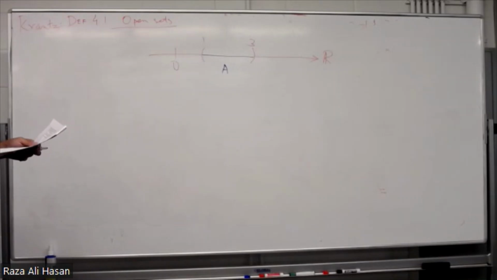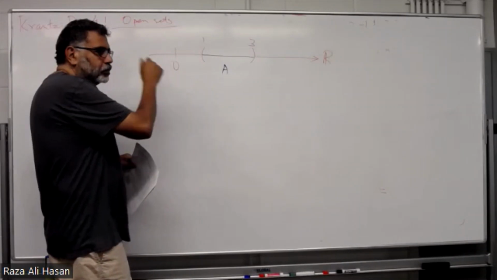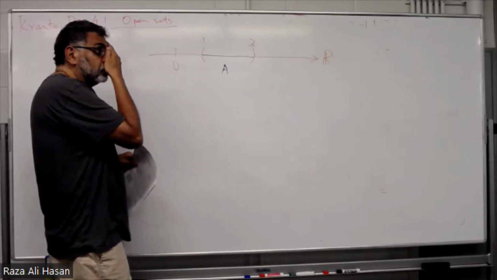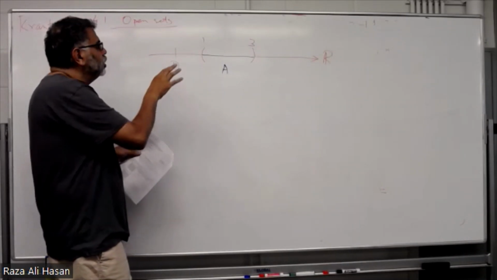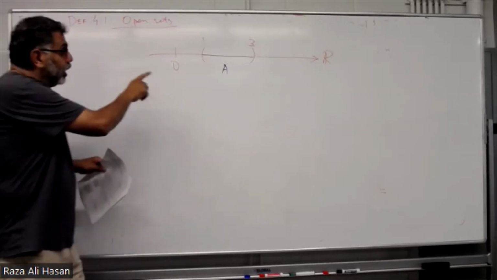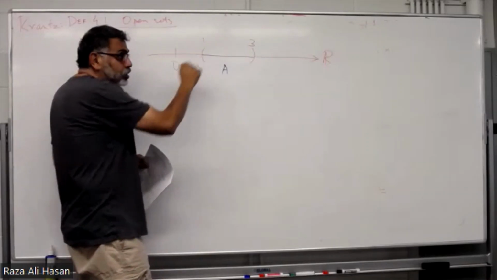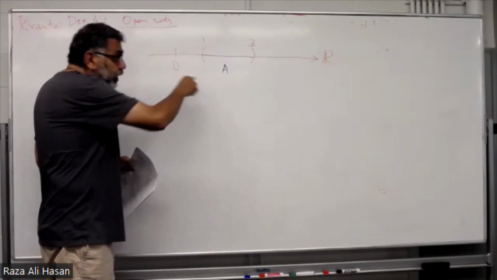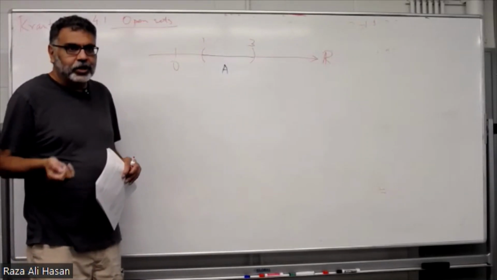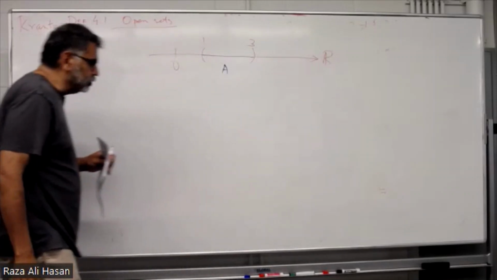This is a more specific idea of an open set. What you have is an open interval, endpoints of 1 and 3, not included in the set. This set A is an open set because it's an open interval on the real number line.